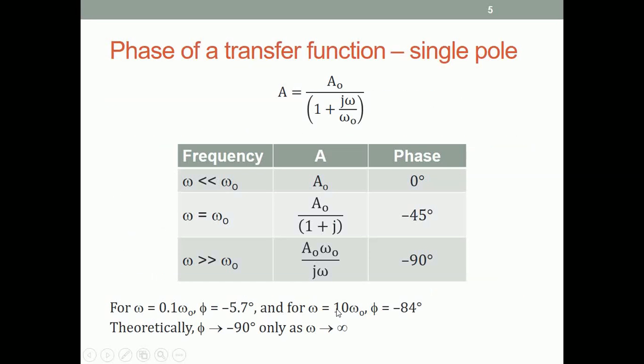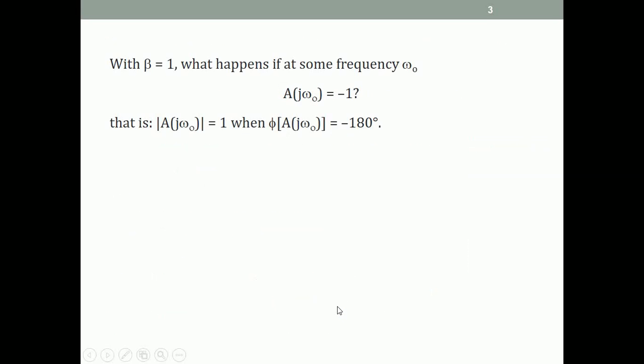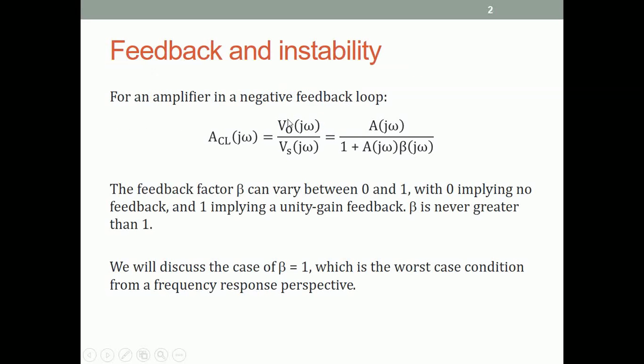Okay, actually, now let me go back then. I think I'm not going to answer this question for some time. So let us answer this question. What happens when A of j omega 0 is minus 1? All right. The answer is that, first of all, in this equation, the denominator becomes equal to 0.